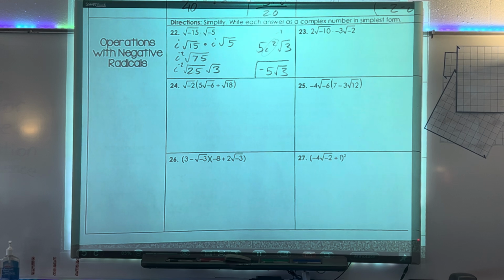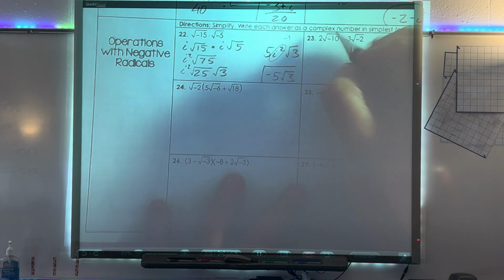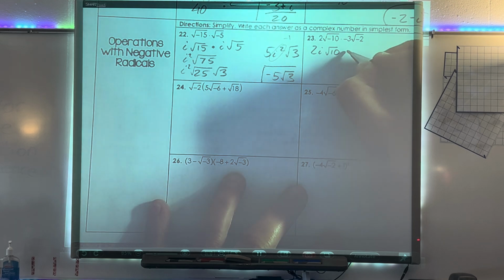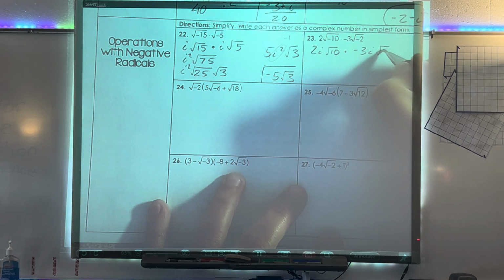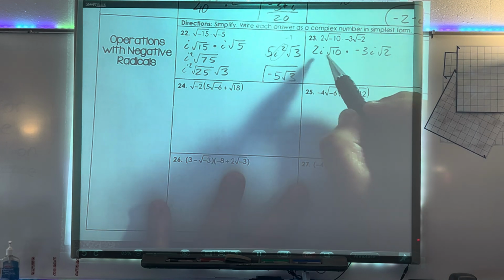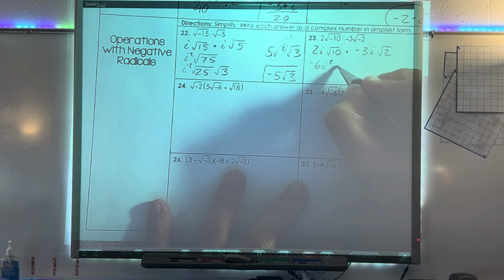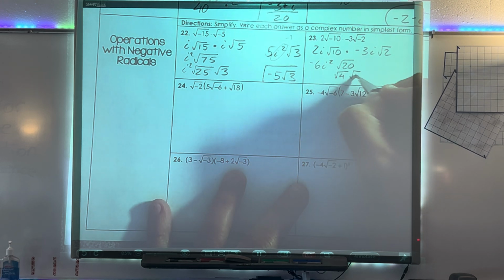Y'all okay there? Alright, let's look at 23, I'll do the same, I'm gonna take the I out, 2I square root of 10 times -3I square root of 2. Put those together, that's negative 6I squared, square root of 20, which is 4 and 5.